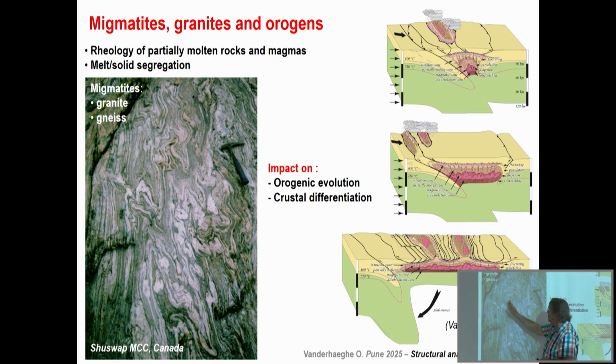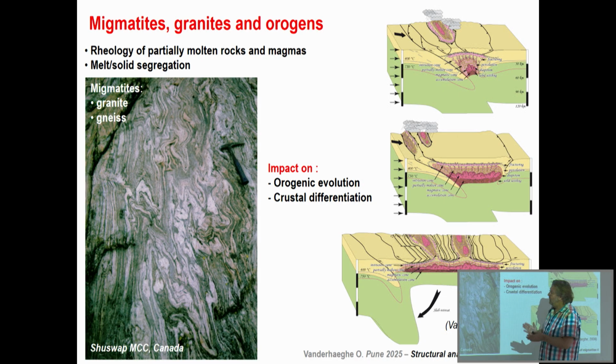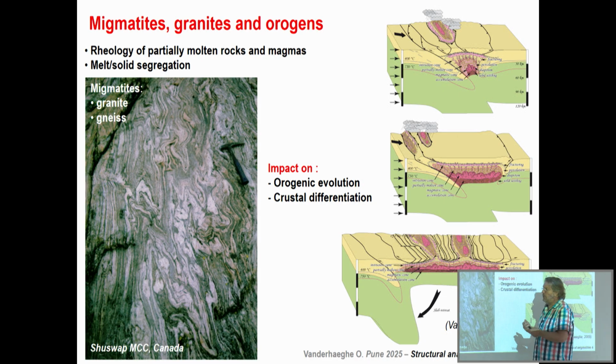And the gneissic part, that is the gray part, that has a preferred orientation and a texture that reflects deformation before the presence of the granite.